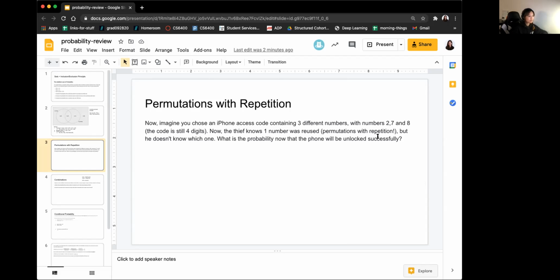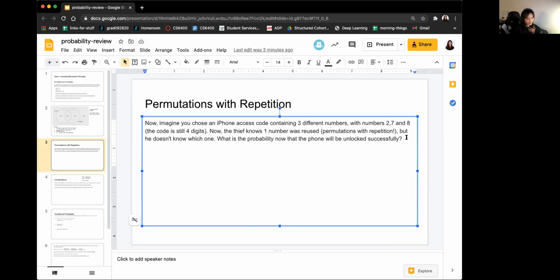All right. The way I like to think of it, I try to simplify the problem first. I'm just going to assume that the digit that is repeated is 2. So first, assume the 2 is repeated. Now, with the 2 being repeated, I imagine my 2s are distinct.